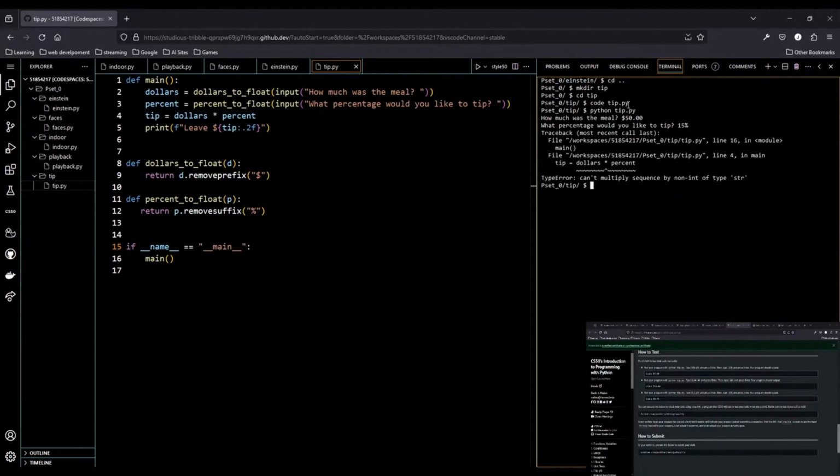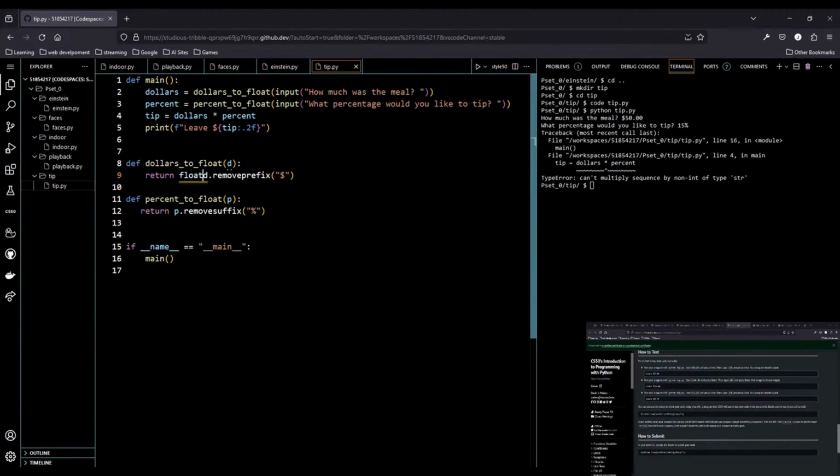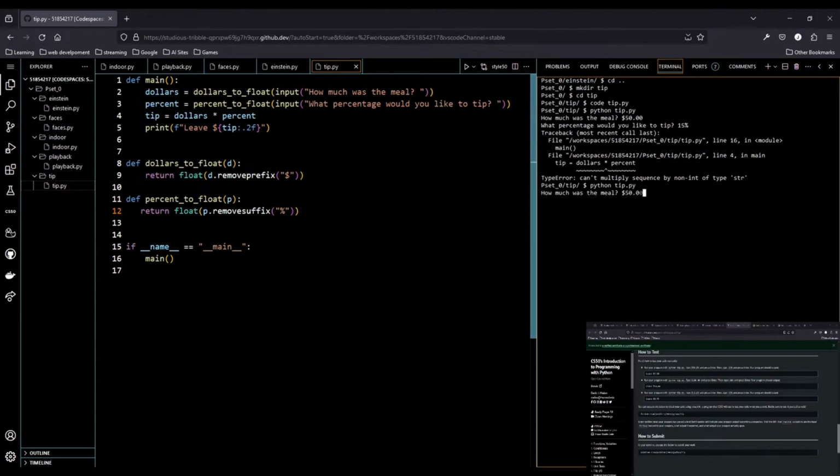No. Because I didn't add the float portion. Do this. And then we go float. Forgot the main thing. So we go back to here. We hit Python tip. How much was the meal? 50, 15.